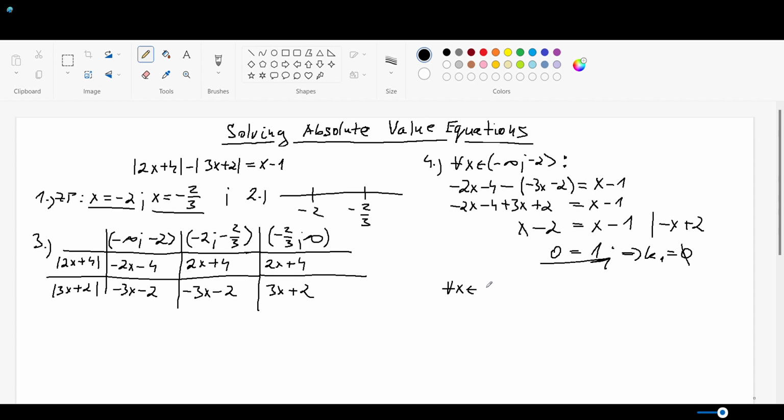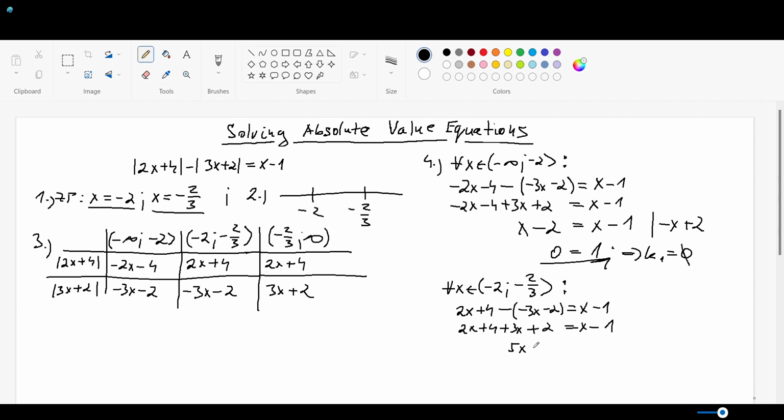Okay, the next step is for all x's from the interval negative 2 to negative 2 over 3. Our equation will be 2x plus 4 minus, again I will use the parentheses, negative 3x minus 2 is equal to x minus 1, which means 2x plus 4 plus 3x plus 2 is equal to x take away 1.